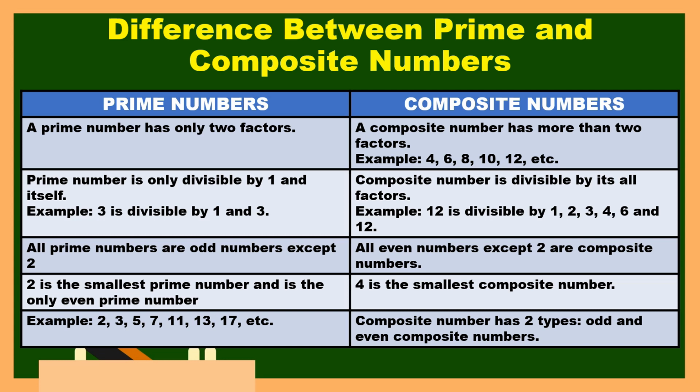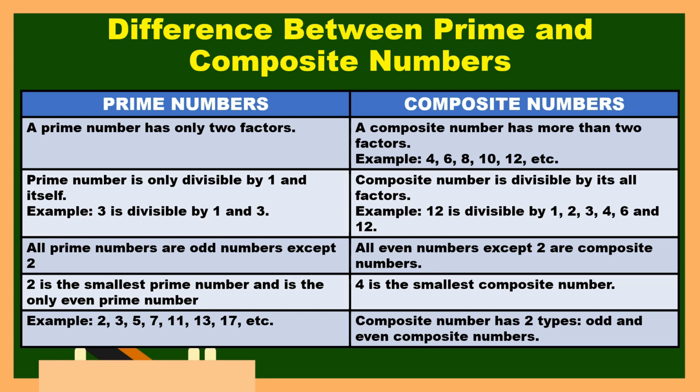Samantala, ang composite numbers ay merong maraming factors, hindi lamang dalawa. Example niyan ay 4, 6, 8, 10, 12, and etc. Ang composite number din ay divisible by its all factors. Katulad ng 12. Ang 12 ay divisible by 1, 2, 3, 4, 6, and 12.